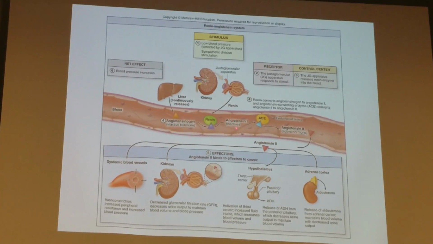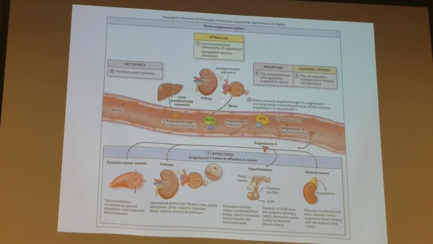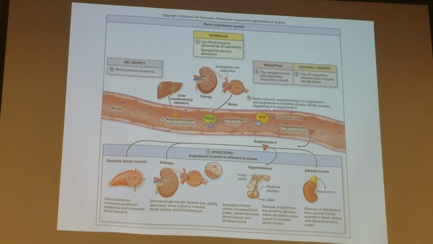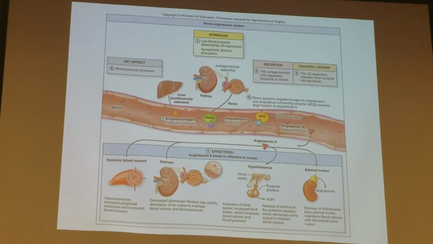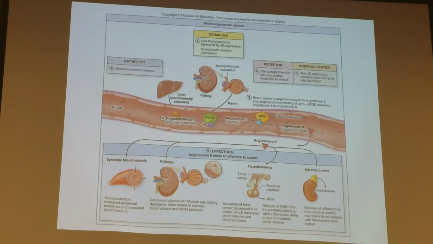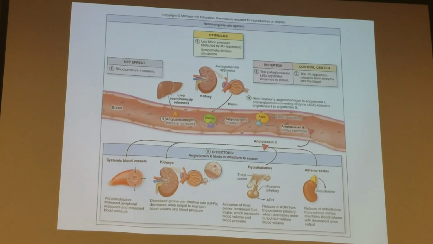So, as that inactive chemical signal travels through the blood supply, in the lungs and in your capillaries, in the endothelium, they release an enzyme called ACE. And ACE is, they didn't put it up there, ACE is this.